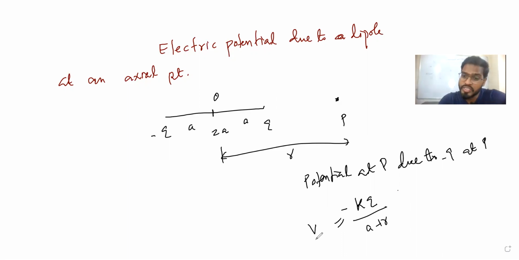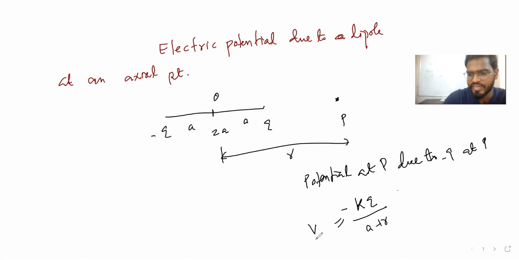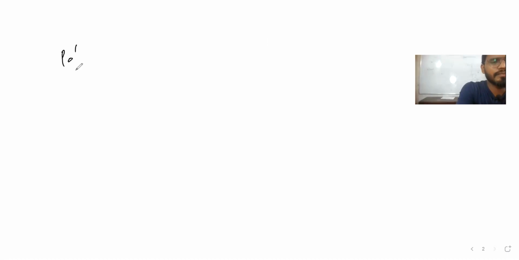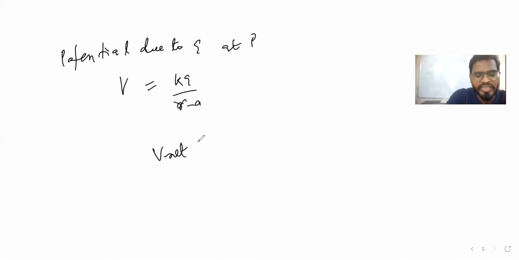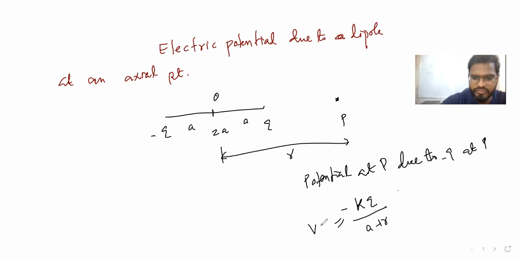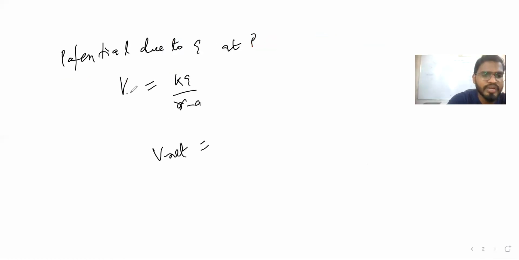Fine. That was the potential due to negative q, right? Now the potential due to q at P is going to be V2 equal to kq by r minus a. Fine. Now the net potential is going to be V1 plus V2, right?